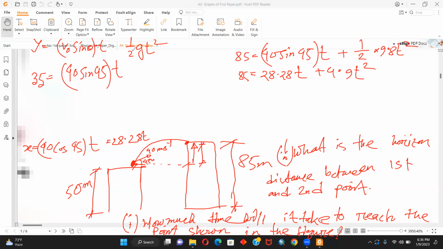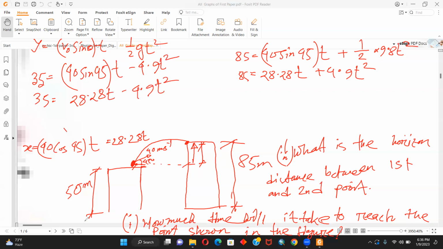Minus, why is it minus? Because gravitational acceleration is going downwards. So minus 4.9 t squared. Understand this bit? Yes. So now 35 equals 28.28 t minus 4.9 t squared.